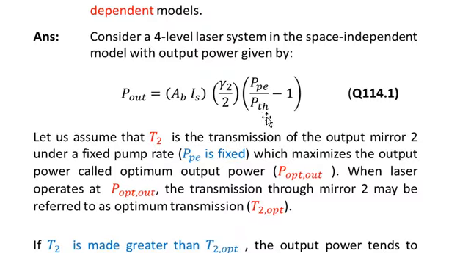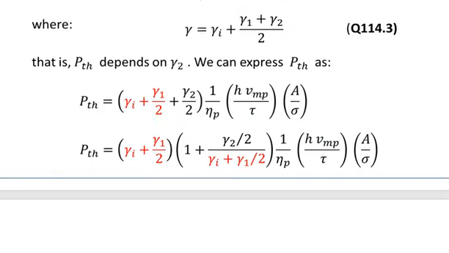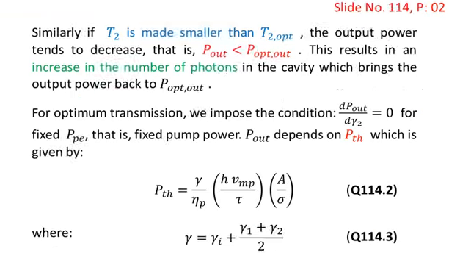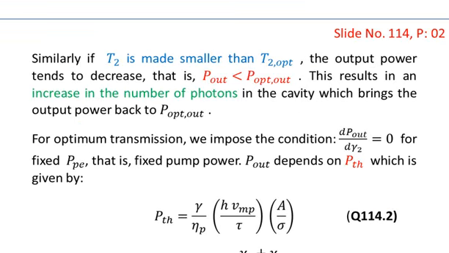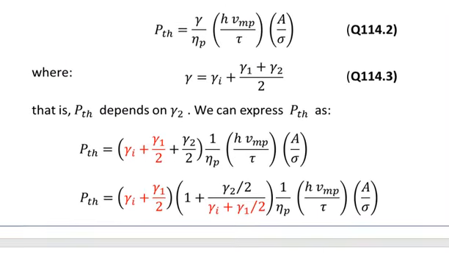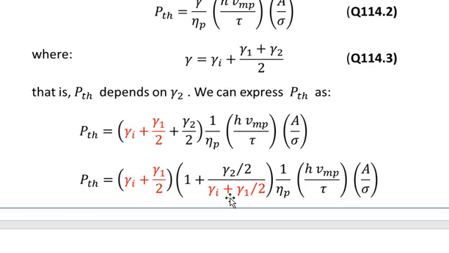So we are going to replace P threshold in equation number 1 by its value shown in equation number 4, that is P threshold is equal to P minimum threshold value times 1 plus X. So substituting this one, we have the following relationship over here.